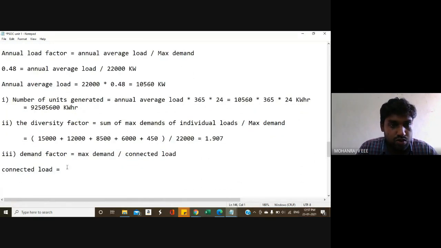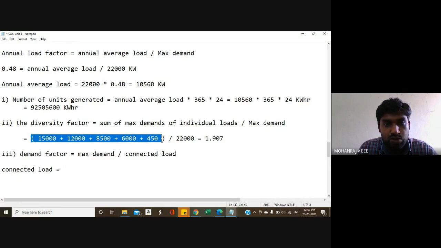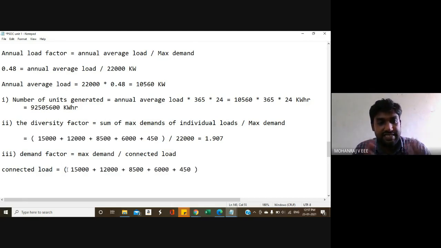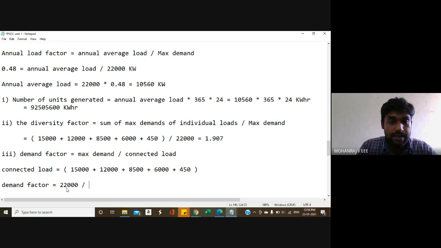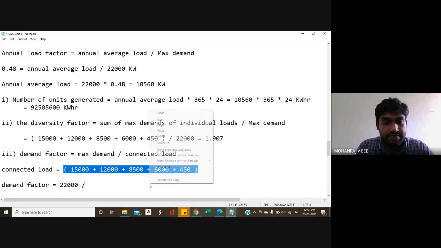So that is equal to 15,000 plus 12,000 plus 8,500 plus 6,000 plus 450. That is the connected load, and we know the maximum demand. From this, we can say demand factor is equal to the maximum demand, 22,000, divided by the summation of this.